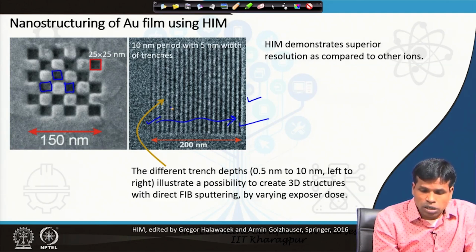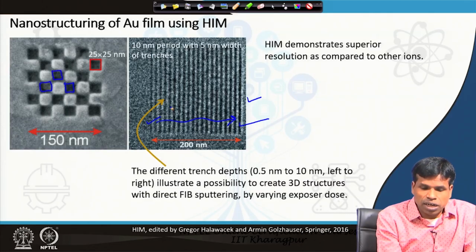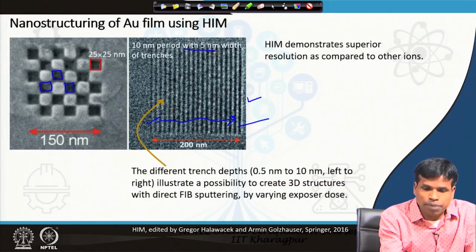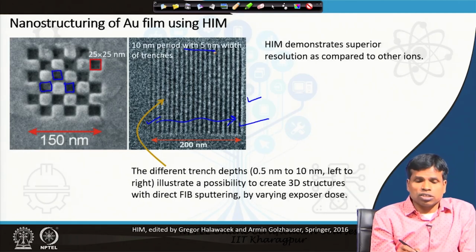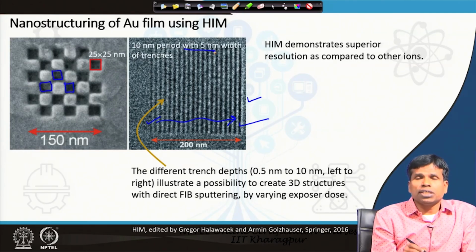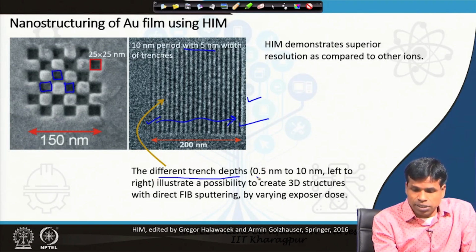So, what we have seen here, these features are approximately 5 nanometer in size, which is very small when we compare the patterning of the structure. So far none of the techniques available can produce such small features by milling, as what you see here with a helium ion microscope. The trench depth can be changed, as you see on the left side.